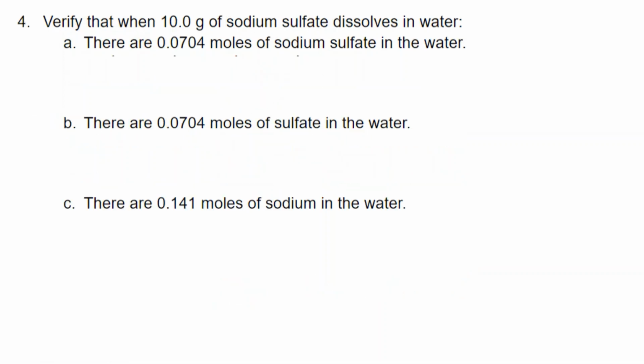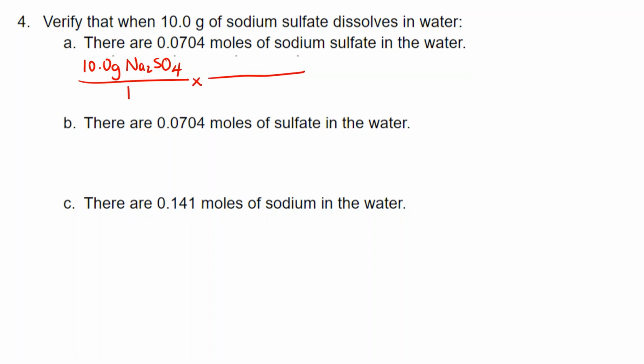So we want to verify that when we put 10 grams of sodium sulfate in water, that there's this many moles of sodium sulfate, this many moles of sulfate, and this many moles of sodium. So I'm going to start with my 10 grams of sodium sulfate, and all we're doing here is we want to convert our grams of sodium sulfate into moles.